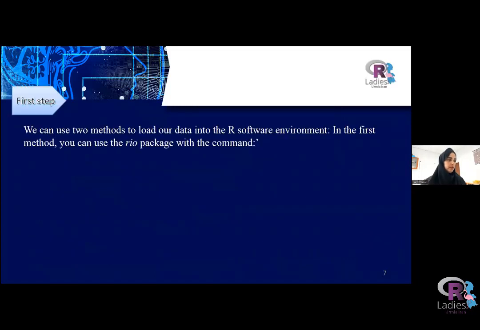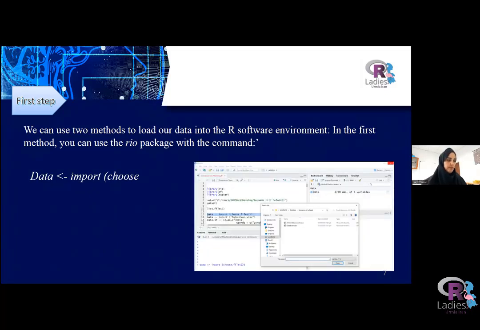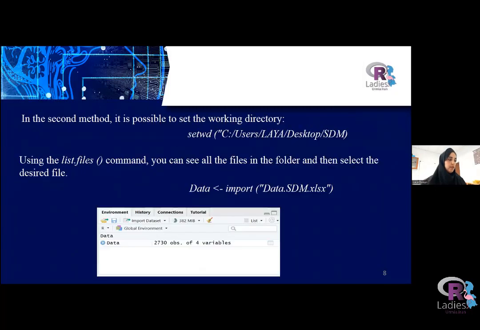First step, we can use 2 methods to load our data into the R software environment. In the first method, you can use the rio package with this command. After running this command, a window opens and we can choose the data file. Second method, it's possible to set the working directory.